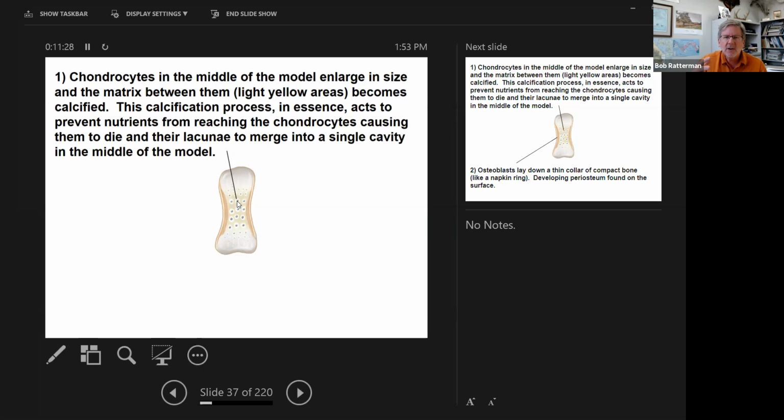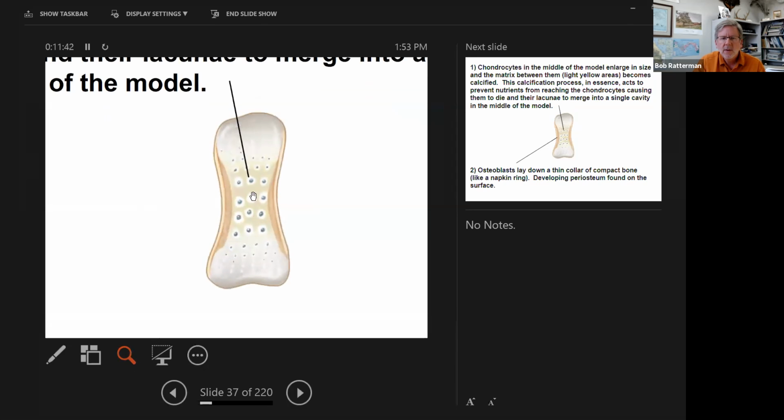They start to enlarge, they get bigger. And we begin to see the formation of matrix around the lacunae. So you can kind of see this pale yellow. That's the matrix that's being laid down amid the chondrocytes, amid the lacunae.